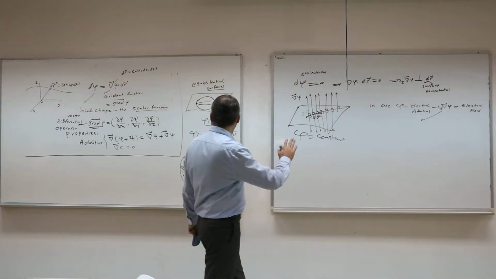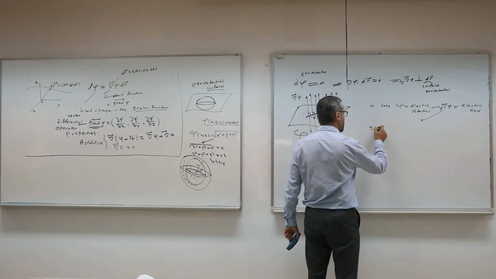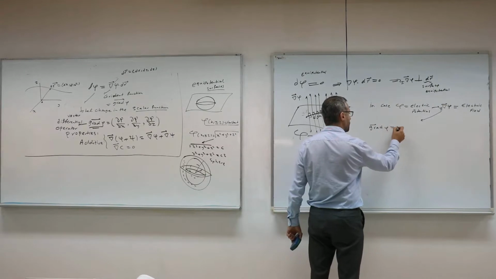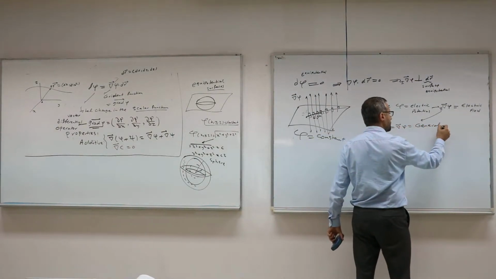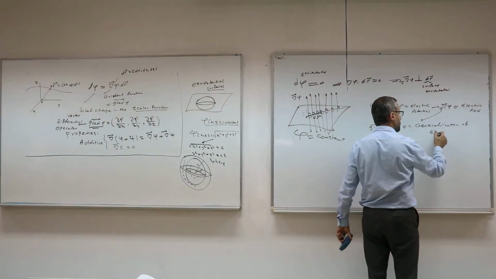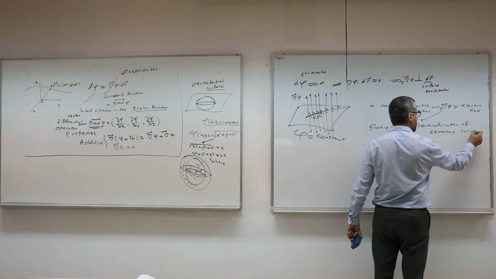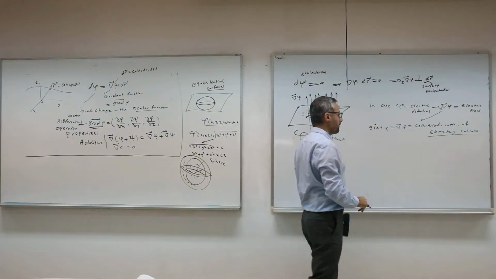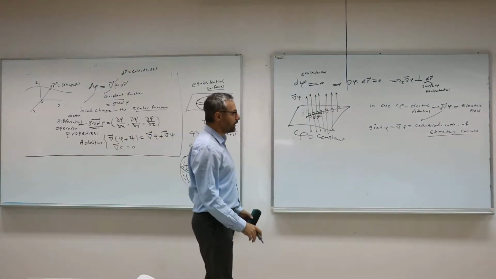So anyway, I just summarize here that the first operator is the gradient. Gradient phi is the first generalization of elementary calculus. So you have one operator, we call it gradient.